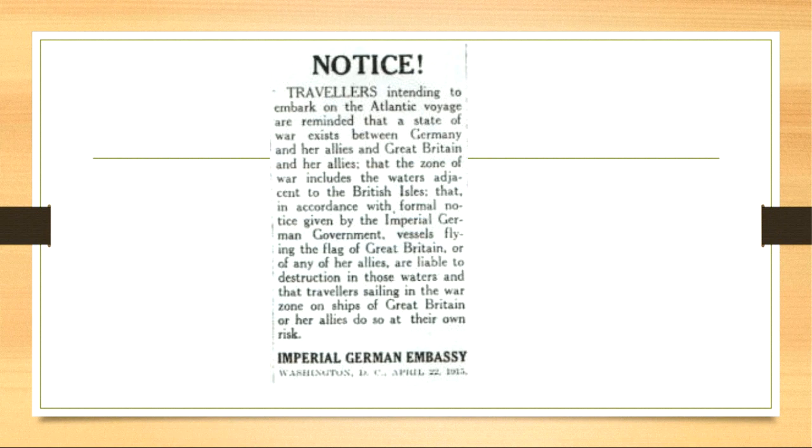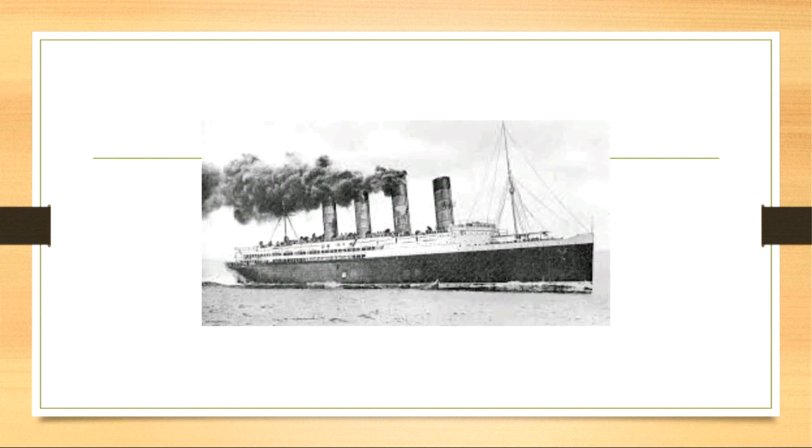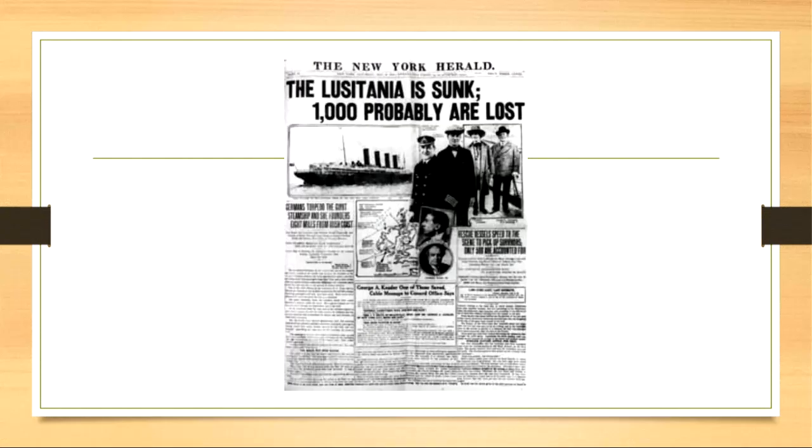We're warning you. Anyway, the ship is torpedoed by a German U-boat, a German submarine. The Lusitania probably did have some weapons on board to help the English, but it was a passenger ship, and a thousand people are going to die.